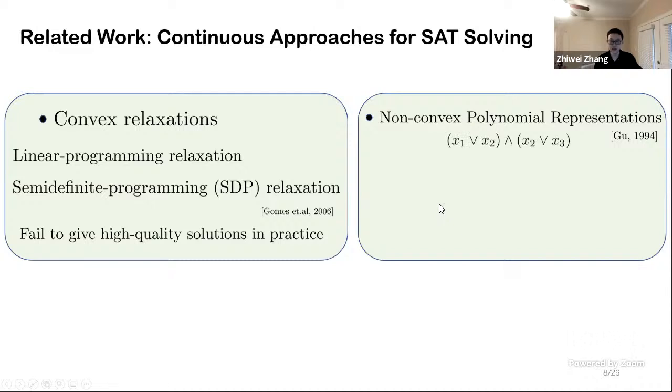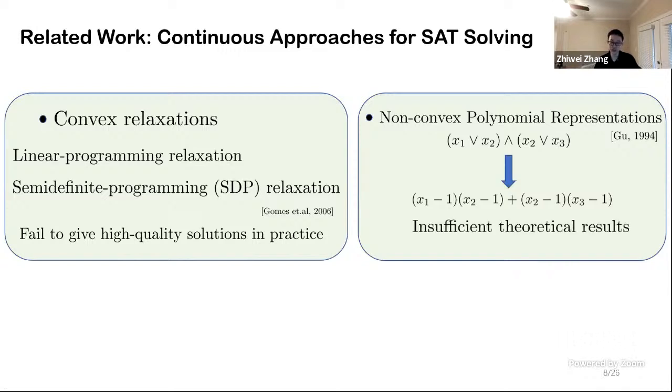While on the right, the CNF formula is usually transformed into a sum of products polynomial. But in the previous literature, they failed to give sufficient theoretical analysis of this transformation. And also note that this transform only applies to CNF format, while we want to solve non-CNF constraints as well.